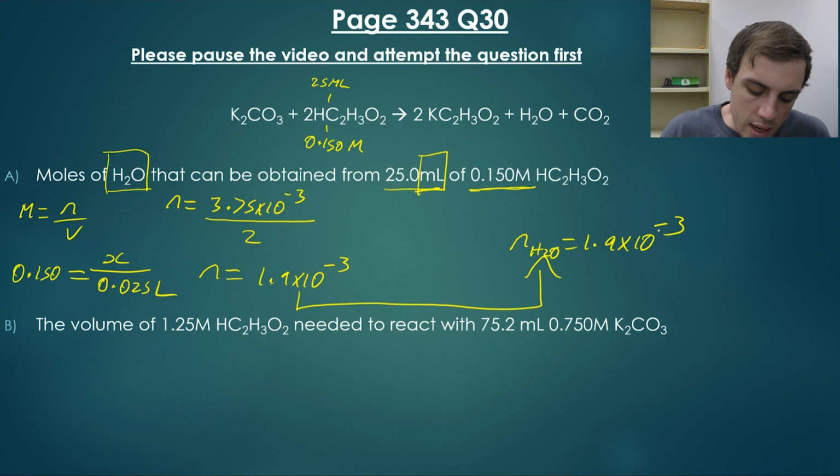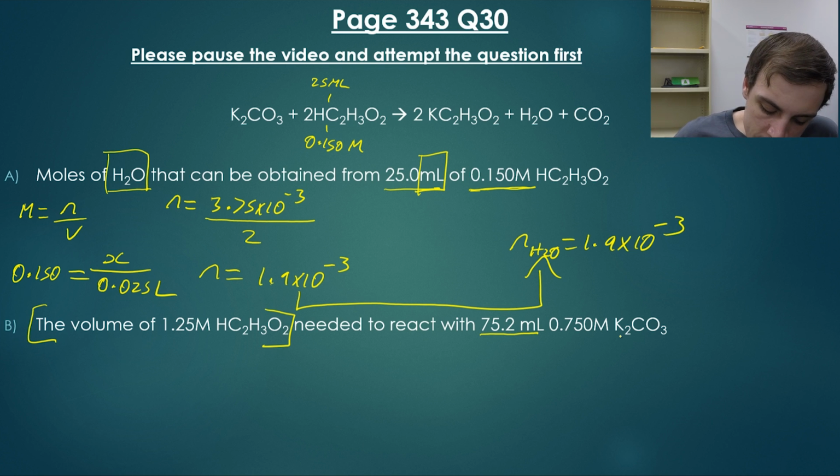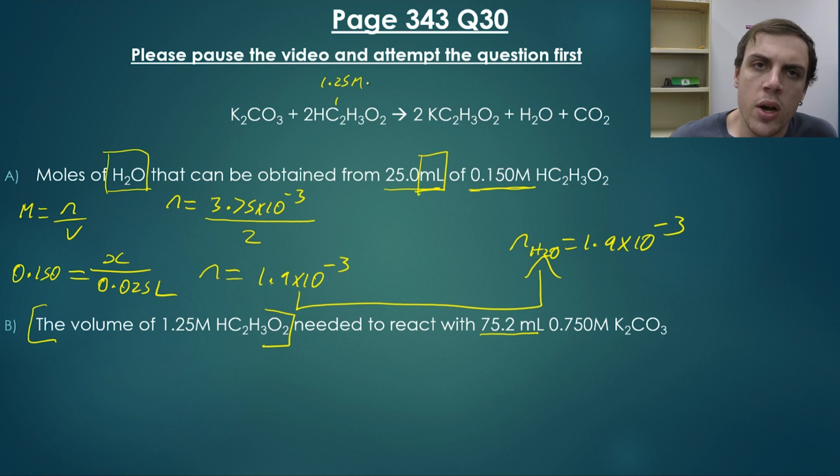So let us now look at question C. What we do here is we look again at our ethanoic acid. We know that it has a molar concentration of 1.25. So this is where we ask ourselves, what do we need to find here?